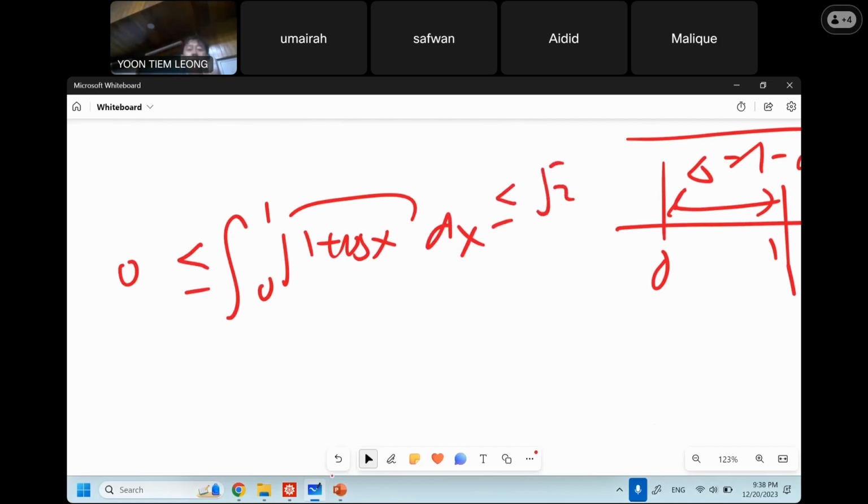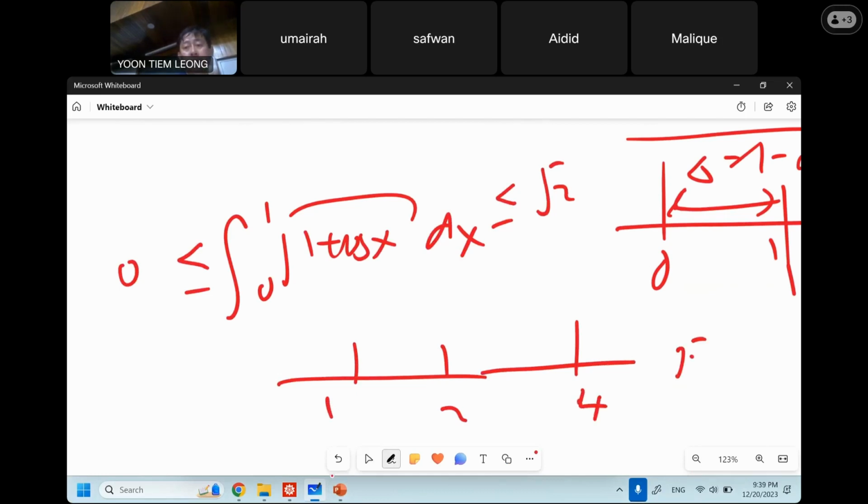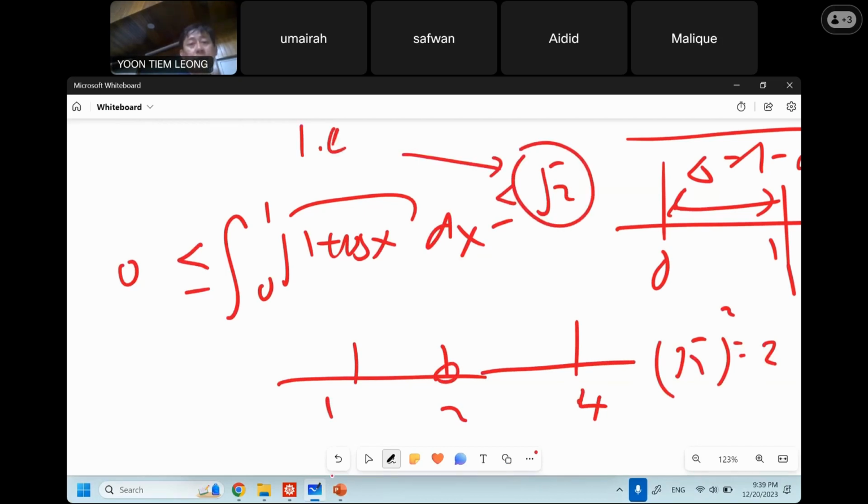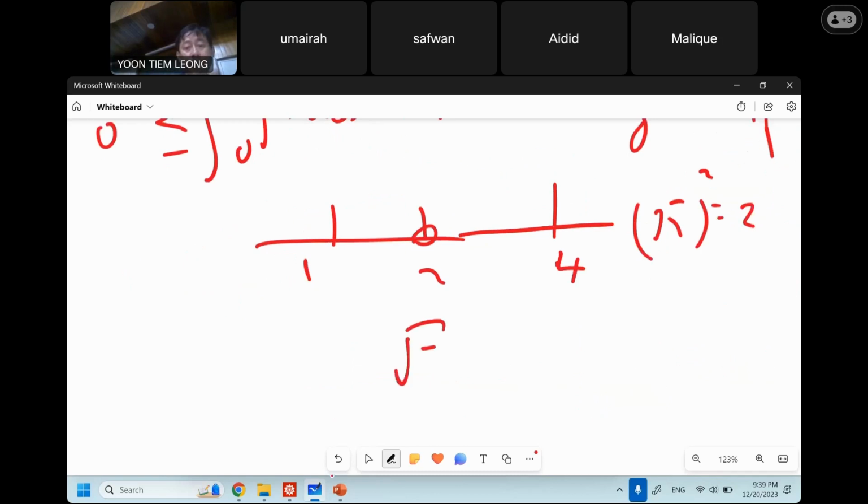So what is square root of 2? This is 1, this is 2, this is 4. If you square this, it becomes 2. But anyway, if you check the calculator, this is just 1.414 and so on. So square root of 2 is a number which is less than 1.5.